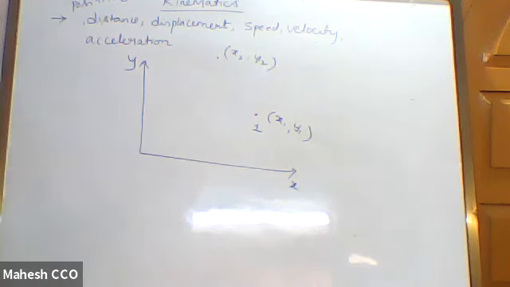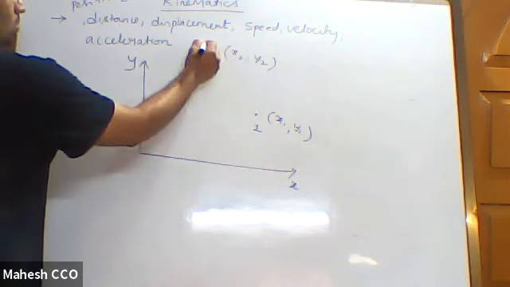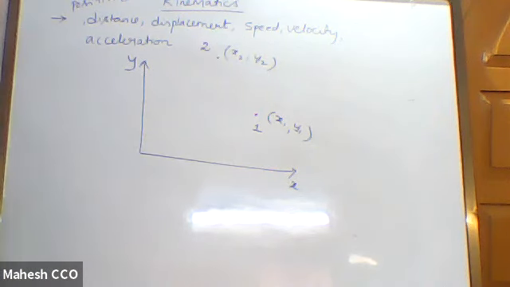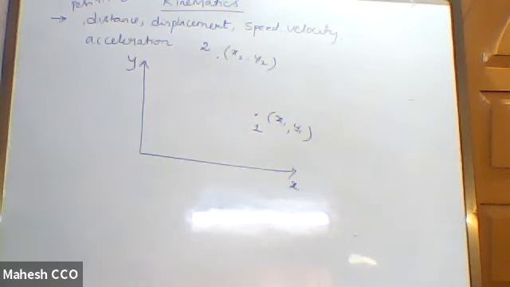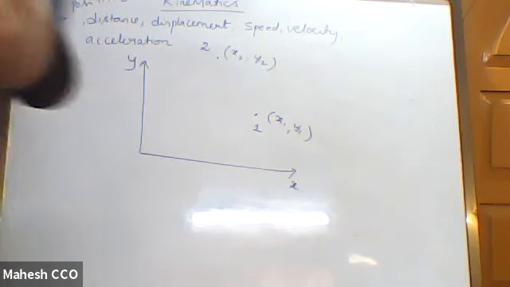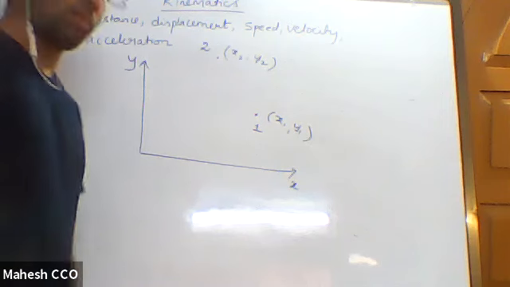Now the particle is going from 1 to 2 in whatever way. So its final position is 2, denoted by x2, y2. Initial position is 1, denoted by x1, y1. It is going from 1 to 2 in any random way, does not really matter.